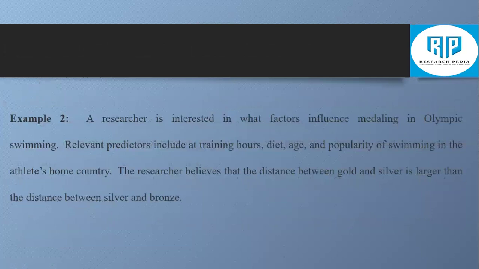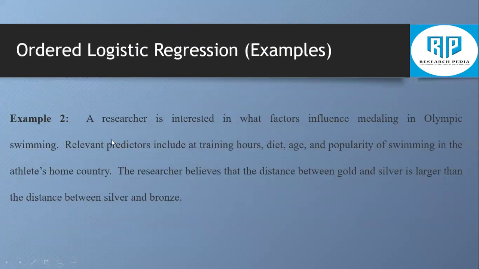So let us also discuss example two. A researcher is interested in what factors influence medaling in Olympic swimming. Relevant predictors include training hours, diet, age, and popularity of swimming in the athlete's home country. These are the independent variables.